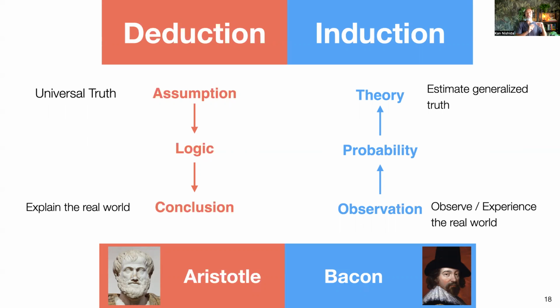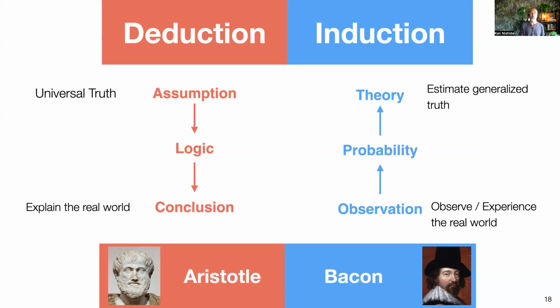Deduction starts from an assumption, or it can be a hypothesis too, but something that is universally true. We can assume that is true in anybody's eyes. And if you start from that, then you use logic to conclude that whatever things are happening, based on the assumption, I can explain it this way. So you explain the real world by using logic based on the assumption.